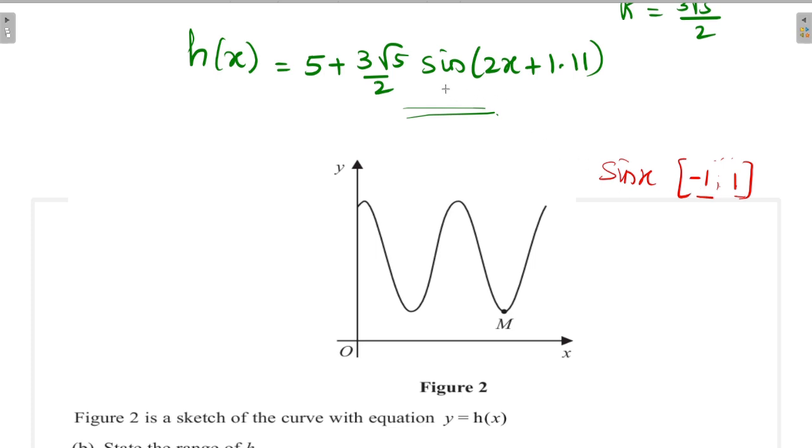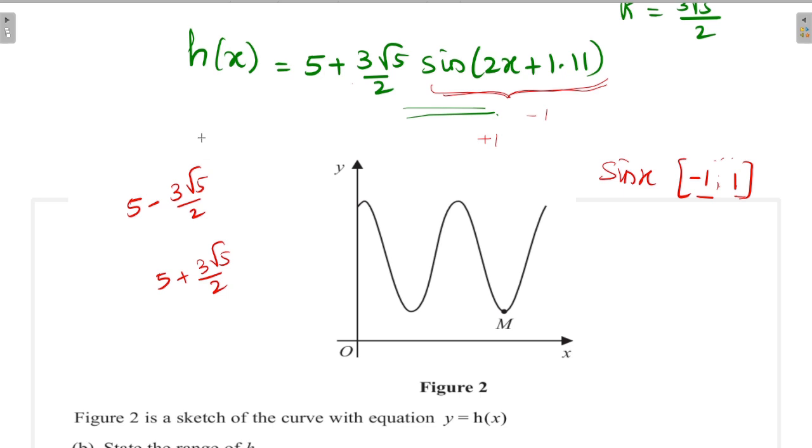If we replace the sine term with -1, this term is going to be negative, so the smallest value is 5 minus 3 root 5 by 2. If we replace sine of 2x plus 1.11 with positive 1, this term is going to be positive, so the highest value is 5 plus 3 root 5 by 2.